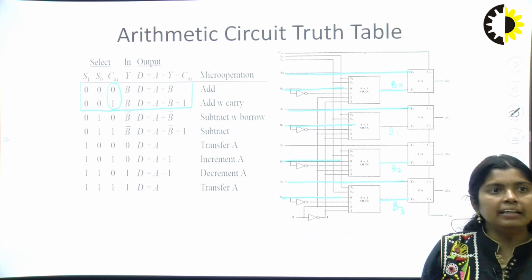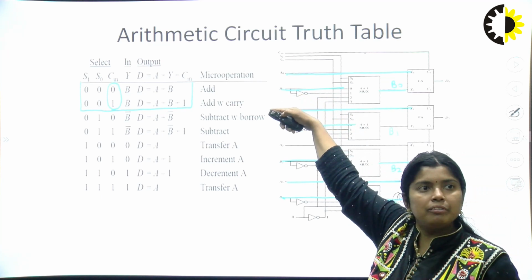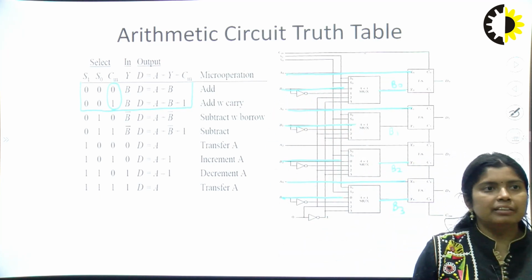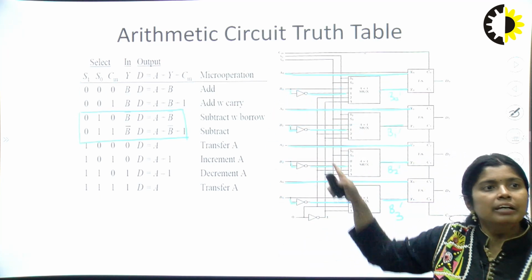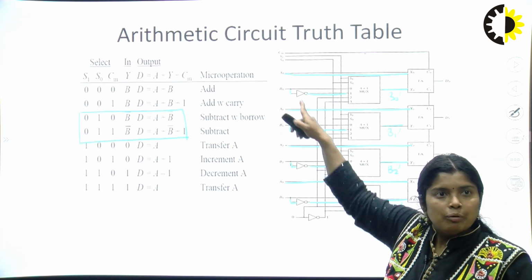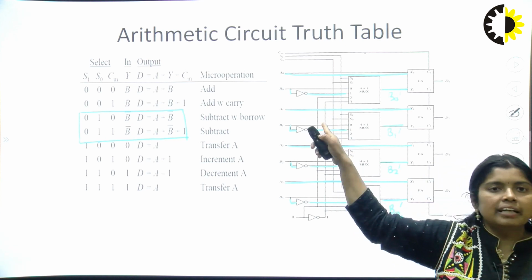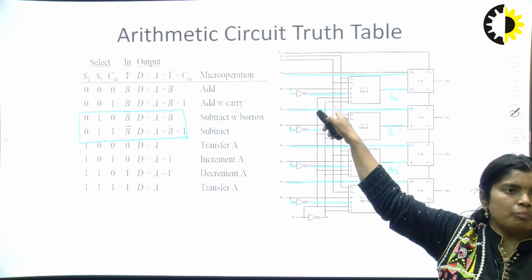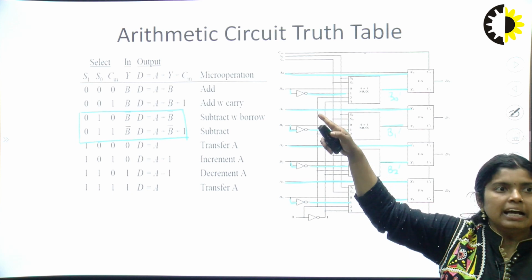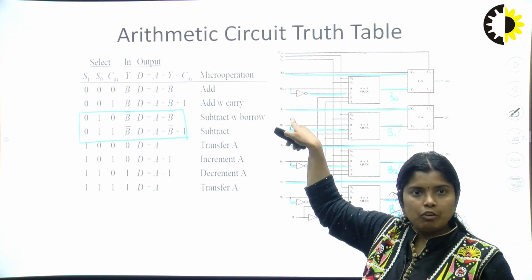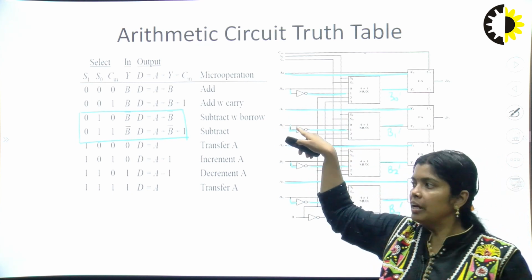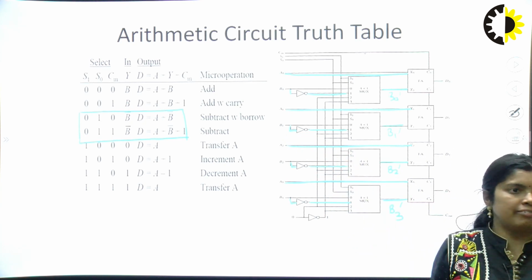That is the add, and when the C input value is 1, it adds with the carry. In the next one, only the B complement value will be activated, as the selection line 01 is activated. So first A plus B complement and the C input value, so A plus B complement plus 1 will be there.